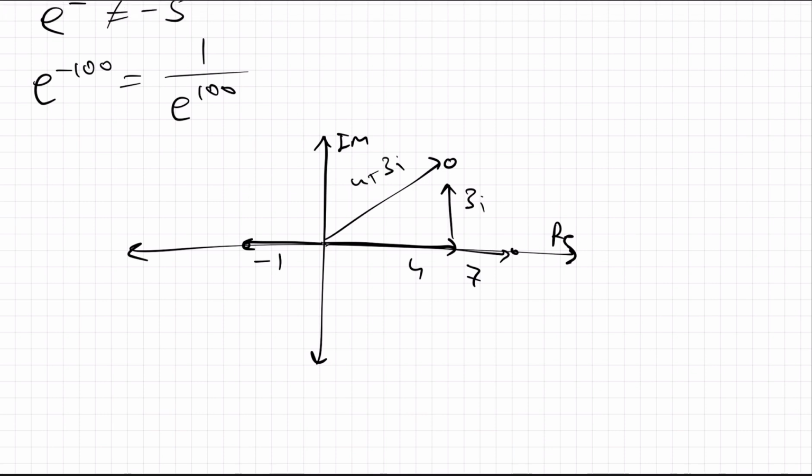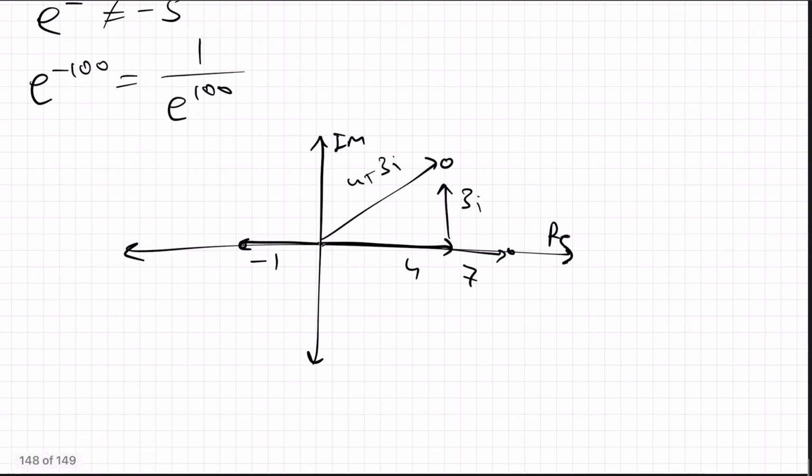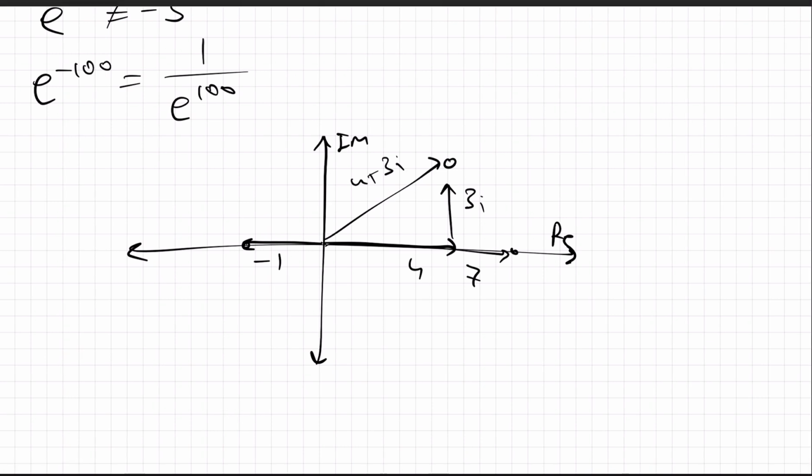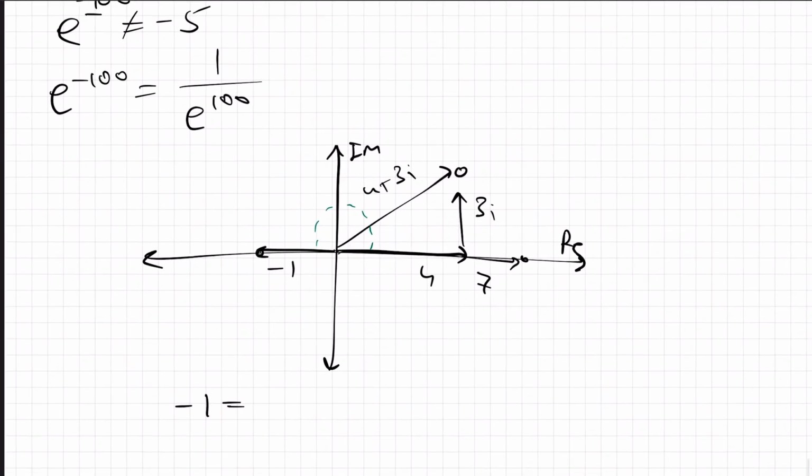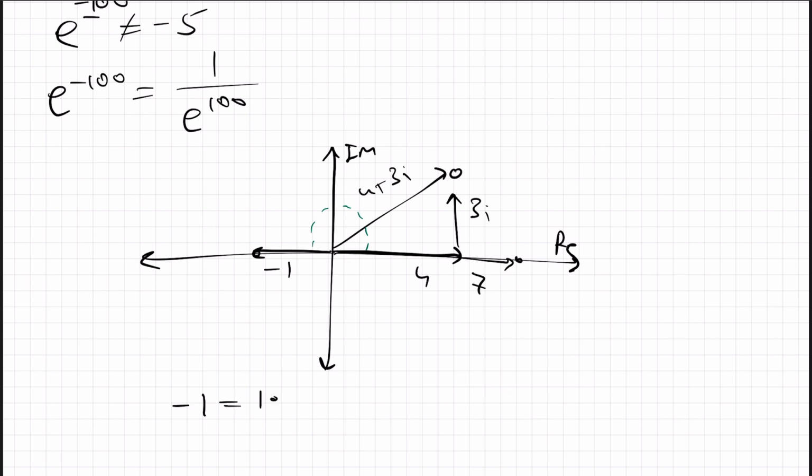So the way we can figure out how to represent this number in polar form, which is how Euler's formula works, is essentially we need to look at the magnitude of the number and the angle it makes with the horizontal. So if we wanted to represent -1 in polar form, since the magnitude is 1, I'll just write 1 times e to the i multiplied by the angle it makes, which in radians is 180 degrees, the same as pi.